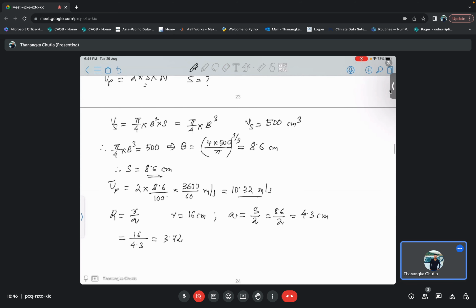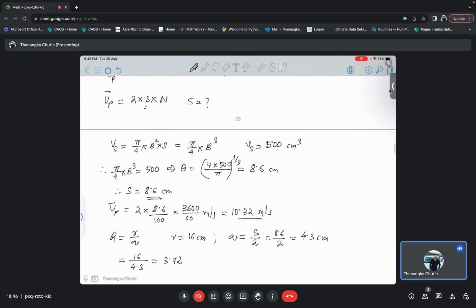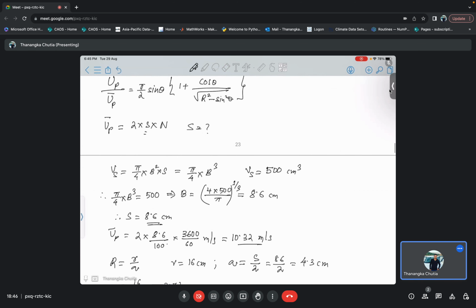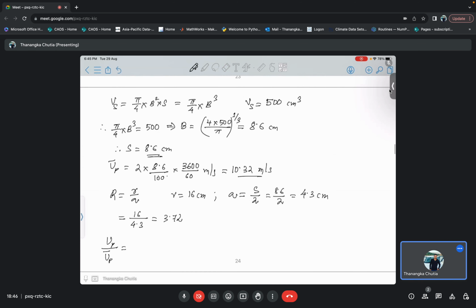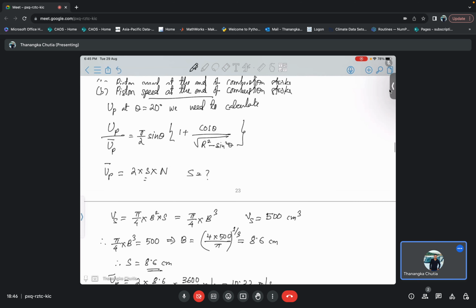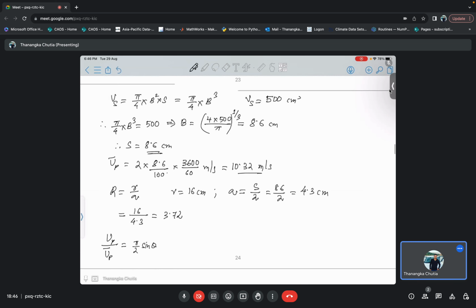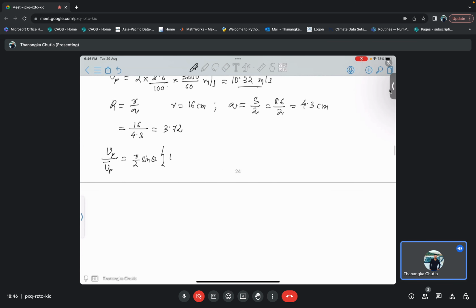Now we can put it in the formula. Up by up bar will be equal to pi by 2 times sin theta into 1 plus cos theta divided by root over r square minus sine square theta.